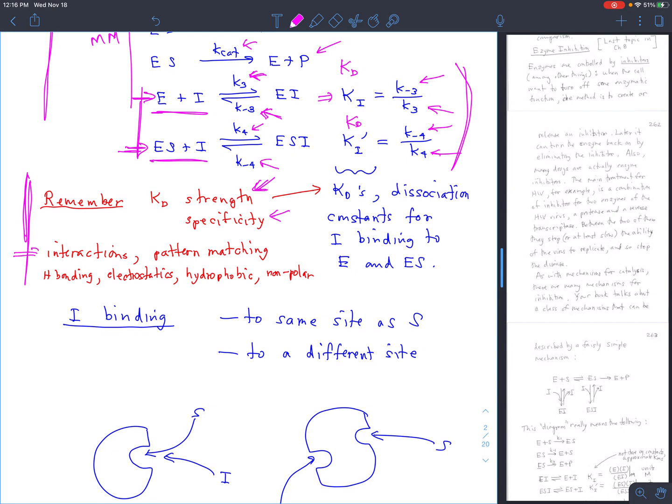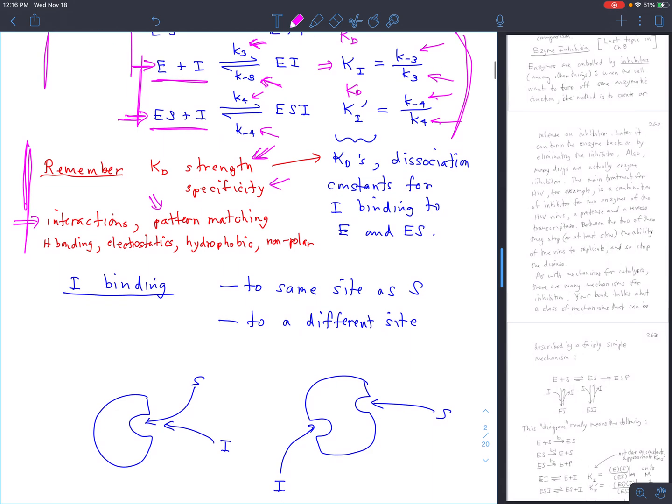So the interactions between 2 molecules, between a ligand and a protein, the fact that you get specificity from pattern matching, so hydrogen bonding patterns, electrostatic patterns, hydrophobic patch patterns, nonpolar interaction patterns, all the stuff we said earlier applies here.